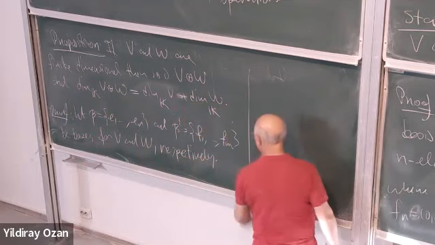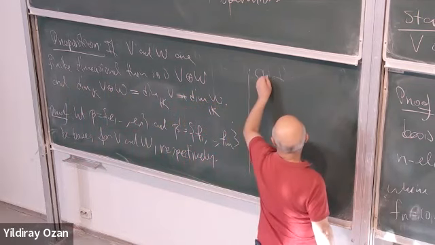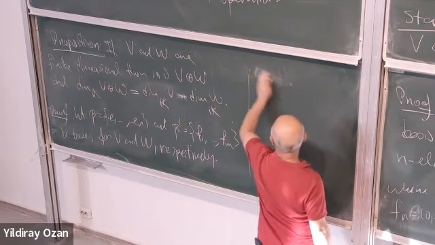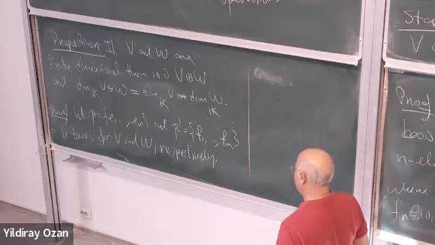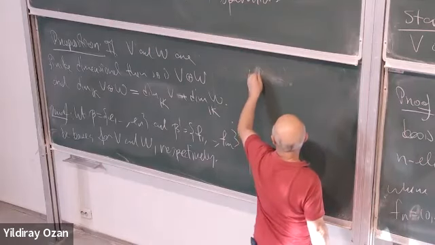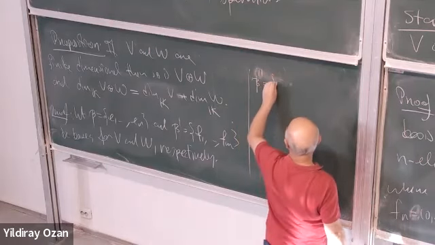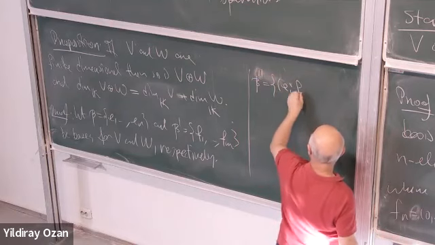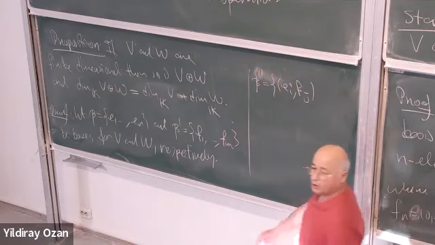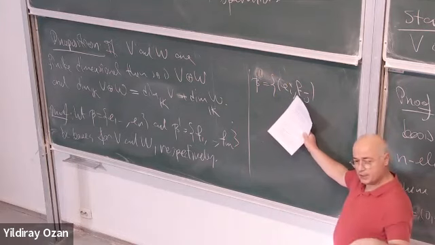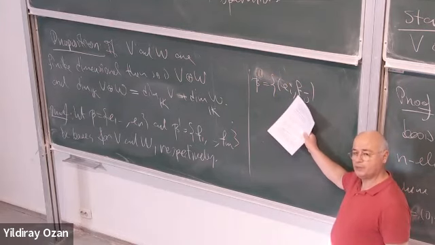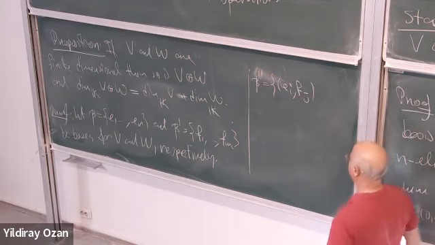We claim the following: let beta double prime consist of the pairs (Ei, 0) and (0, Fj). So the first vector is from the first basis, second vector from the second basis.